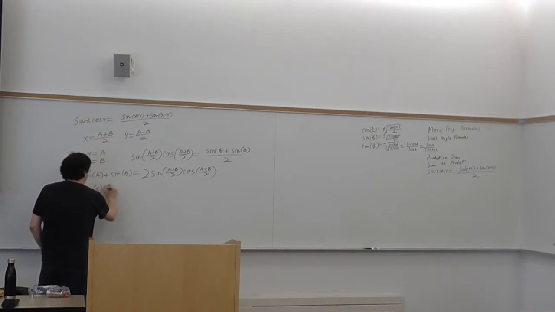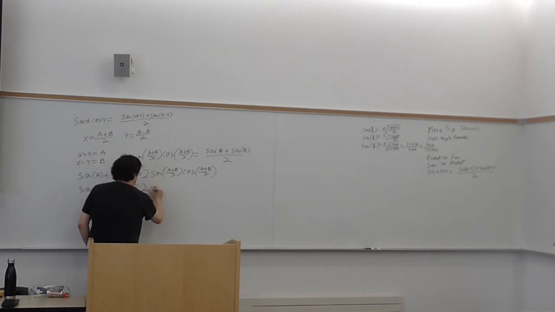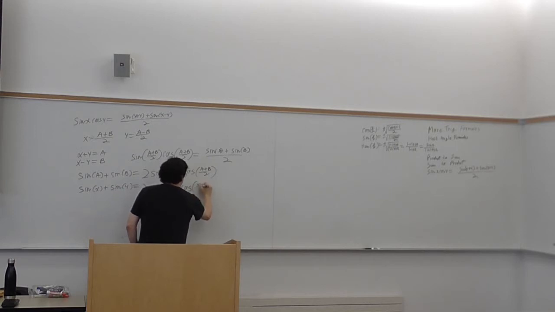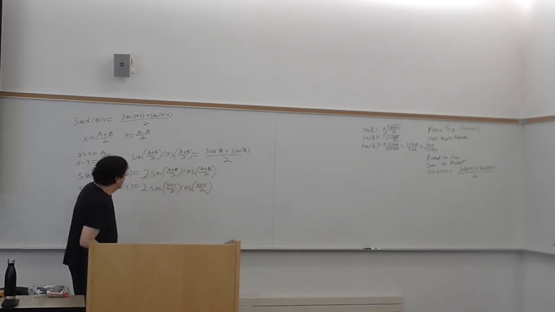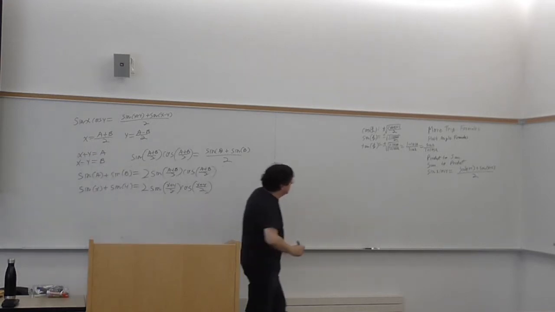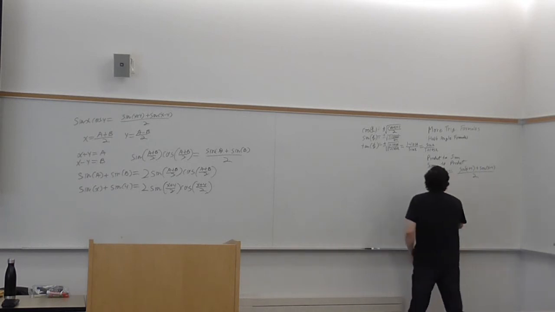Let's say sine of x plus sine of y equals 2 sine of x plus y over 2 cosine of x plus y over 2. All right, so now we have a sum to product rule. Write that over here.